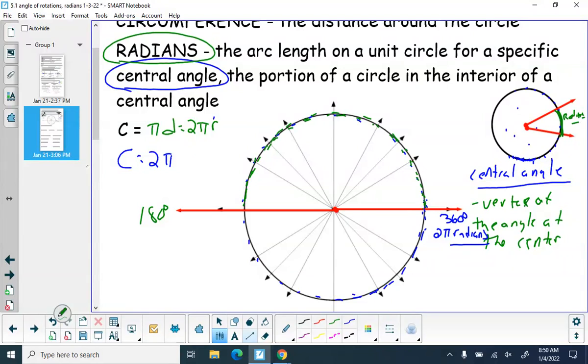If I go only 180 degrees, that's half the circle. How many radians have we gone? 1 pi radians, 1 pi. We could take the 2 pi divided by 2. This would give us pi radians.